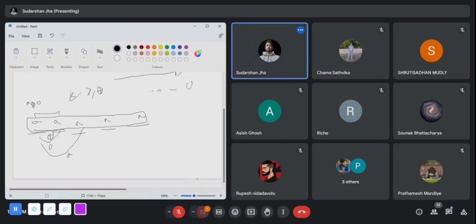This is clear? Yes. So we observe that if we take all the elements same, then our prefix condition will be satisfied, right? So suppose I've taken A 5 times.